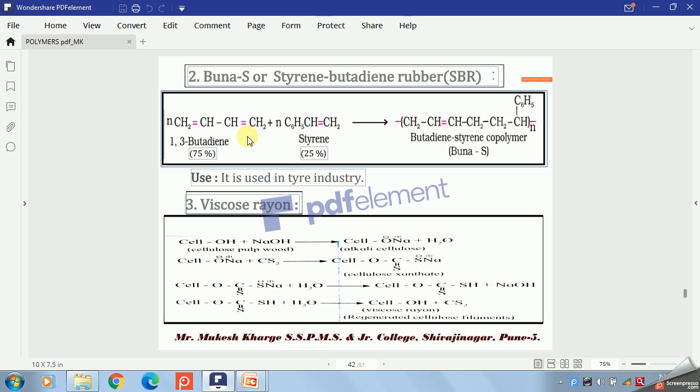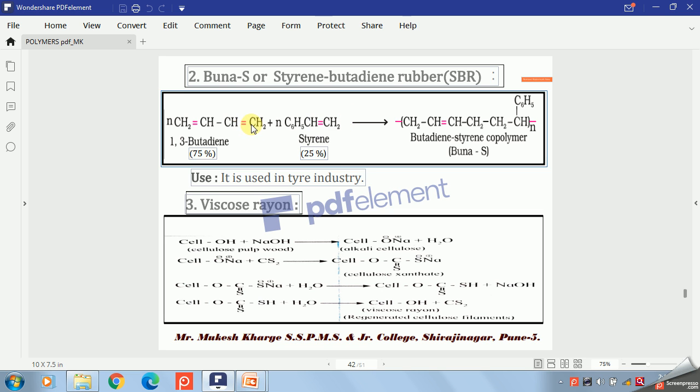If you observe the structure of Buna S polymer, it is a copolymer. Here we can observe that the CH2 group of 1,3-butadiene forms a bond with the CH2 of styrene, and the double bond gets shifted to the next bond formation.